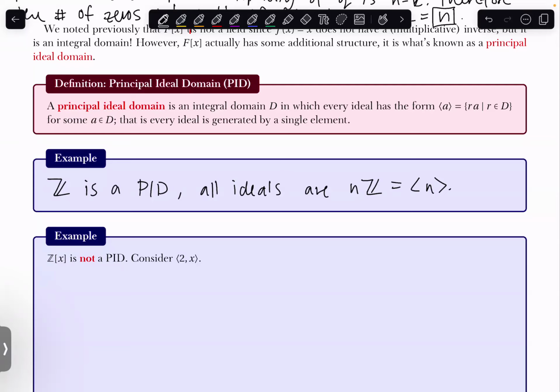This is going to end up being an ideal, and I can't write it as being generated by one element. So it's not a principal ideal, because I can't write it as generated from one single element. Just finding one example of an ideal generated by more than one element, that can't be written in terms of one specific element, is enough for me to say that my polynomial ring is not a PID, not a principal ideal domain.